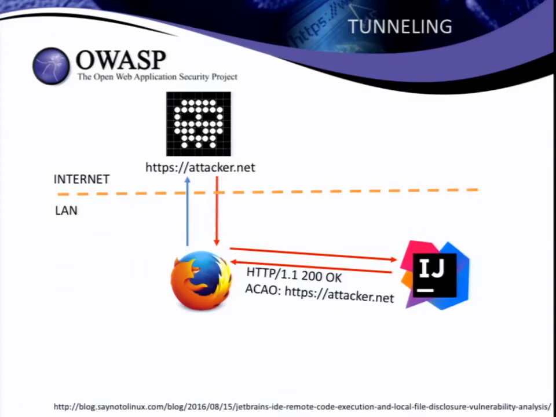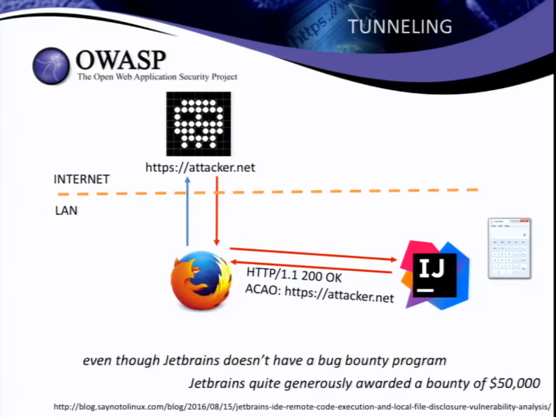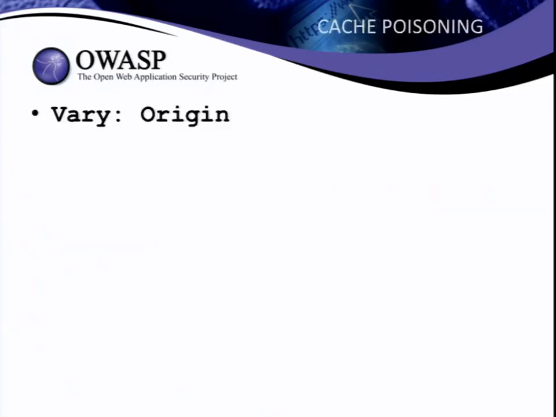So someone recently found that that could be used with IntelliJ to steal users' private SSH keys, which is pretty cool. They also found, actually, that using some other issues, they could get remote code execution, and they got a $50,000 bounty for that, which is pretty nice. So this might be quite well known, but I absolutely have to mention it. Let's move on to something a little bit subtler.